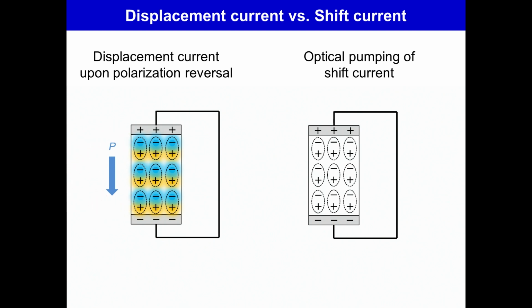And if you quickly apply a pulse of voltage to it, you can flip this polarization, and when it flips, a current flows through the external circuit to compensate for it. This is called displacement current. This has been known for a long time, but it was not until the 21st century that it was discovered that this is actually caused by the interference effect of the electron waves in the crystal.